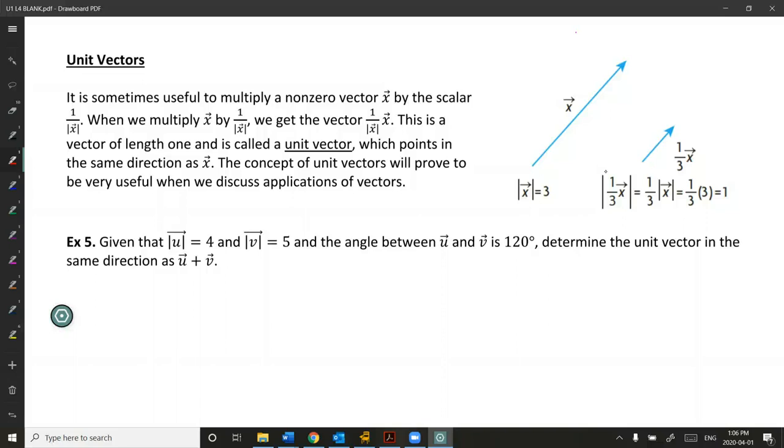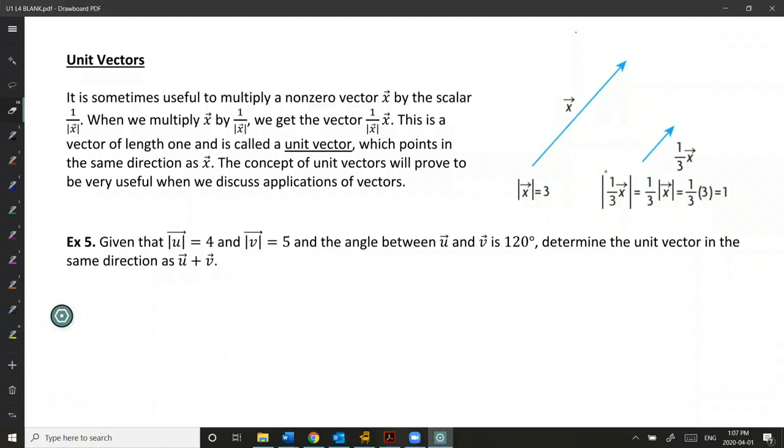And this will be the vector that's in the same direction as x, but it has a length of 1. So you can see a picture over to the right of what I'm talking about here. If we have a vector x with magnitude 3, 1/3 of x is actually going to have a length of 1.